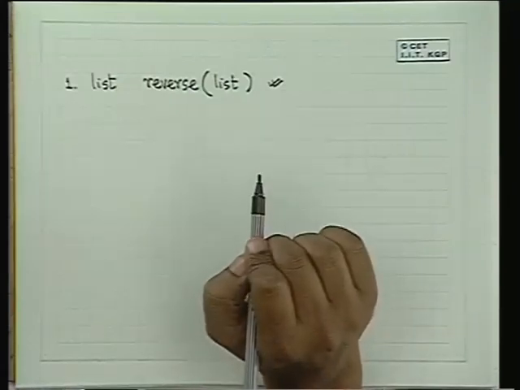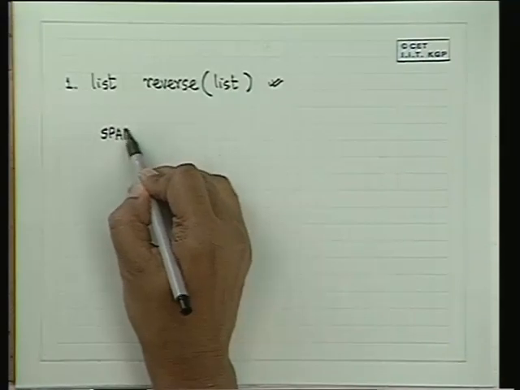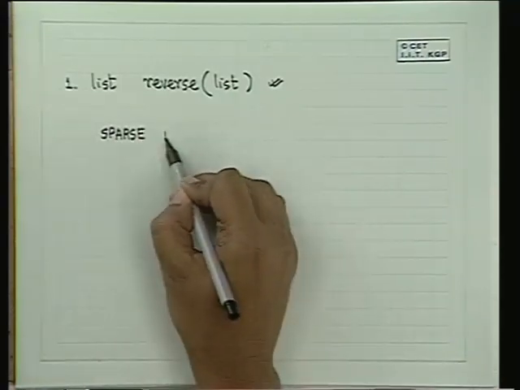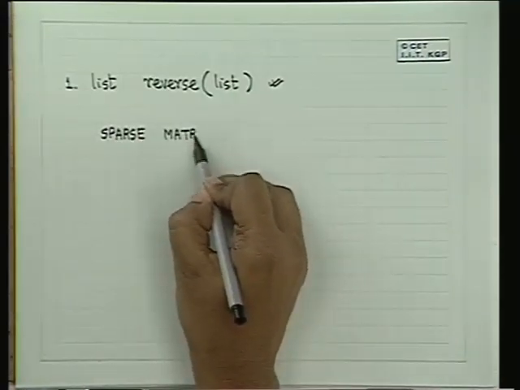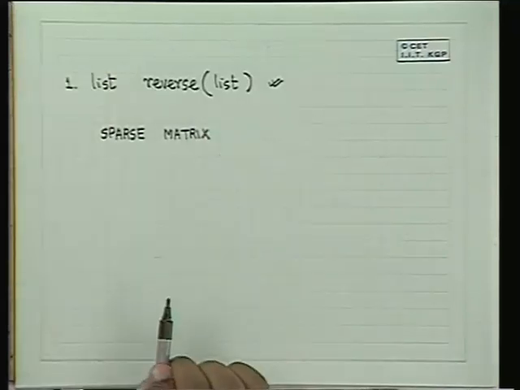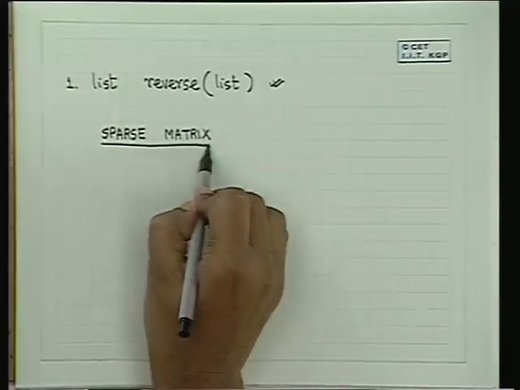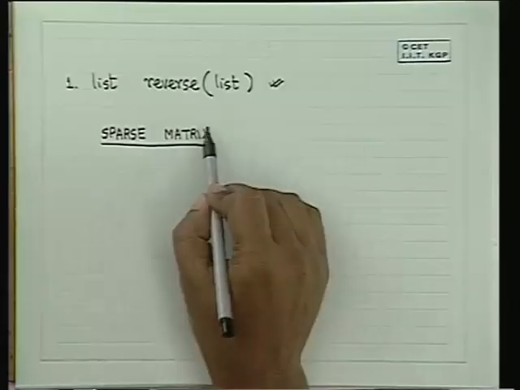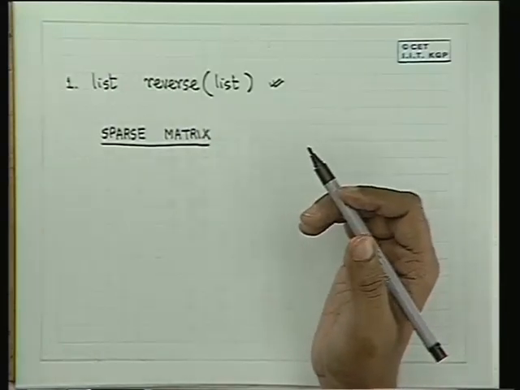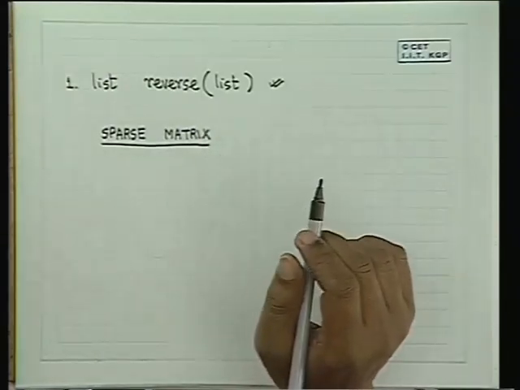Second is to have more complex structures. Suppose I have a sparse matrix. And in this sparse matrix, maybe only 10% of the elements will usually be non-zero. And I would like to store up these elements, and I will only read in the given number of elements.